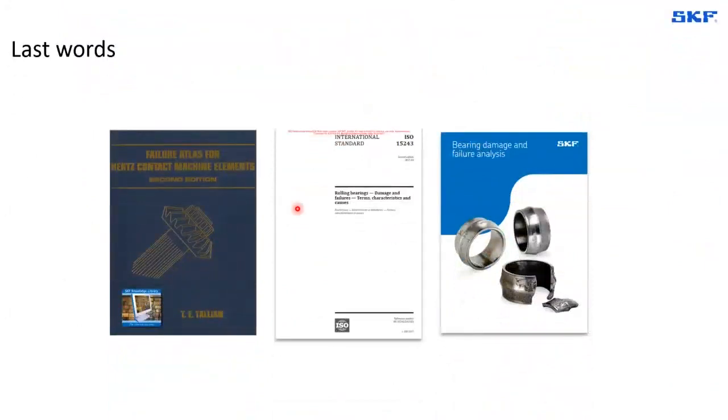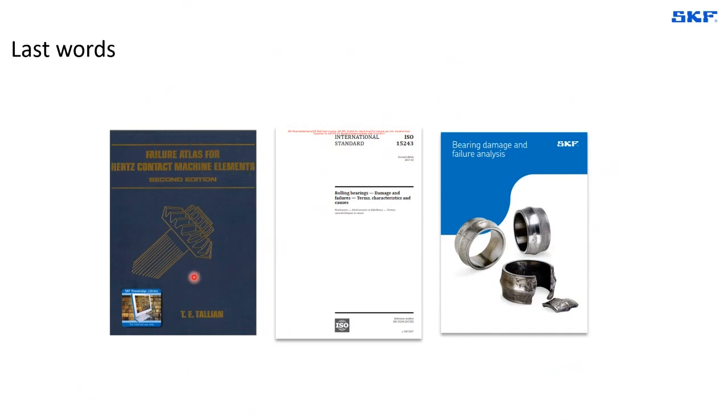There is a lot of material available. We have on our webpage a catalog that covers what we have seen here today. So we will post a link to this material. You can download this from that link. You can also buy the standard from the ISO webpage, the 15243.